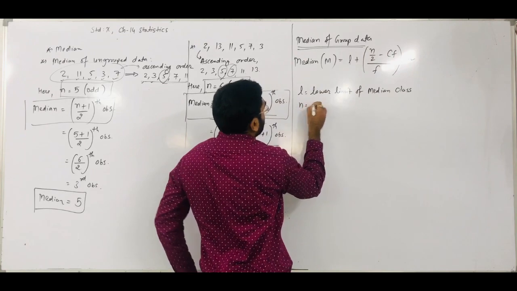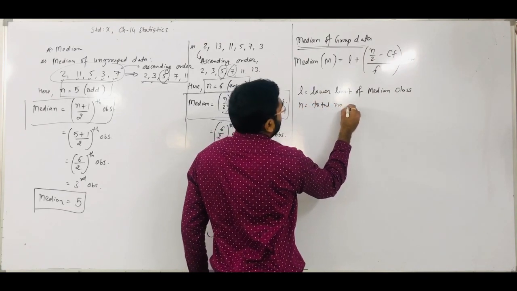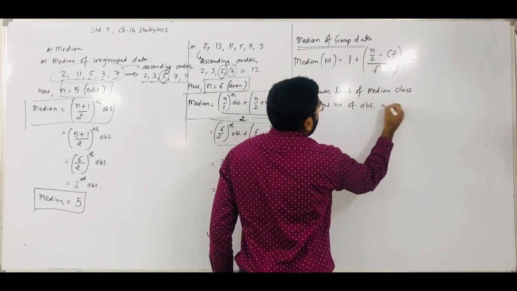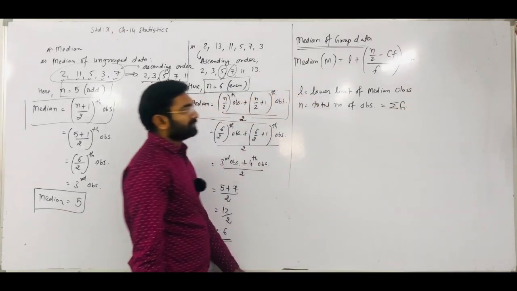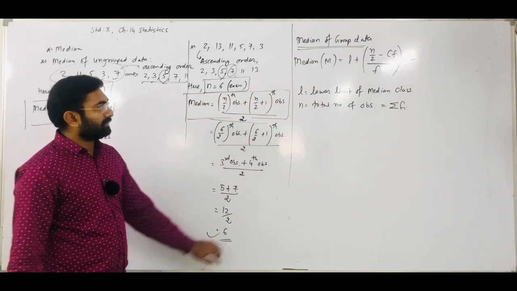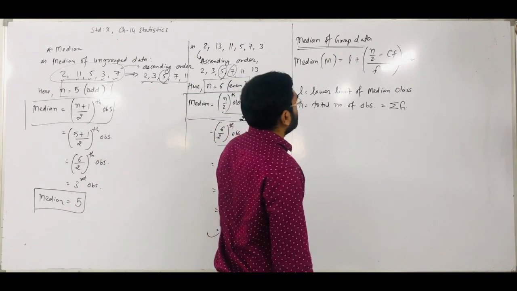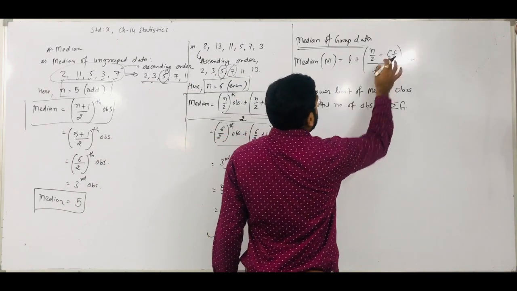Here n is the total number of observations, or you can say it is sigma fi, the summation of all frequencies. Total number of observations, this represents the n value.